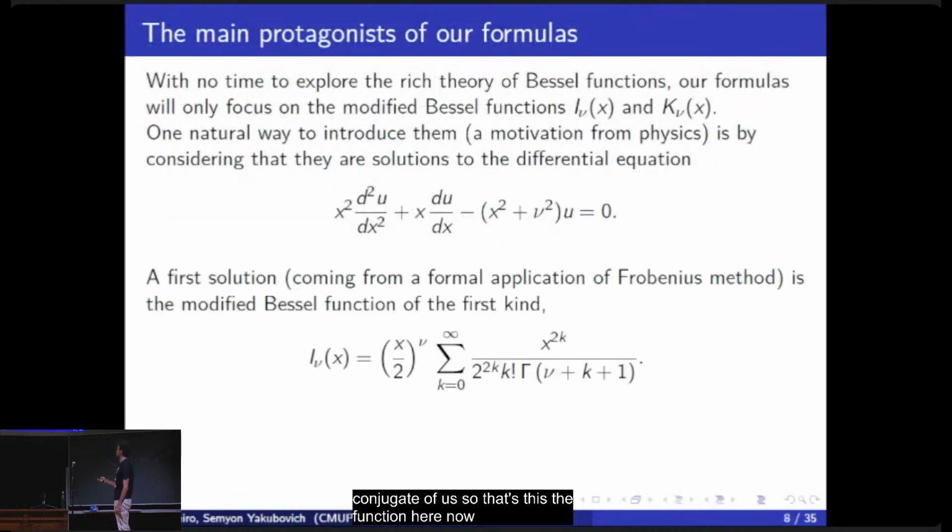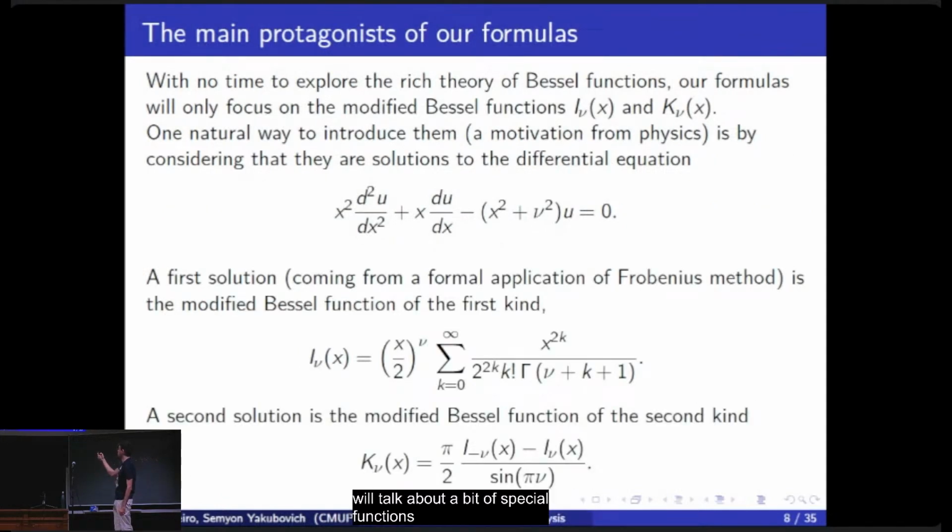Now I will talk a bit about special functions, namely the other protagonists, the modified Bessel functions. If you take the usual Bessel differential equation and slightly change the argument, turning x into ix by multiplying by i, you get the modified Bessel differential equation.